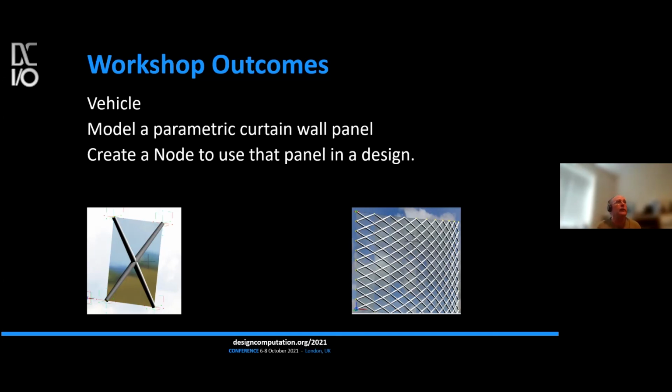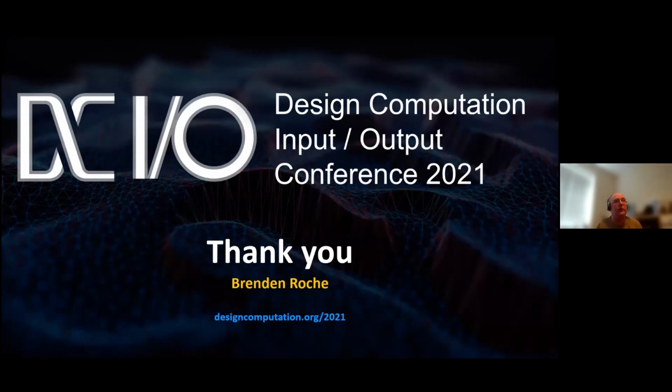And then we put that node into a larger system, such as a curtain wall system or an elevation, thereby showing the flexibility of taking a graphical approach to actually build a system of systems, where you've got various parametric subcomponents that you can chain together into a larger system and then monitor the behaviors. So that was a very potted, and I apologize, very breathless exposé of what we did in the workshop and some of the ideas that we talked about with users that were developing it.